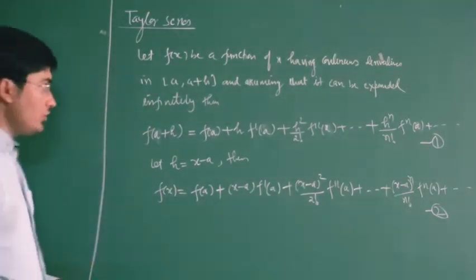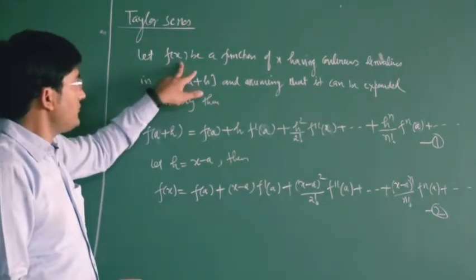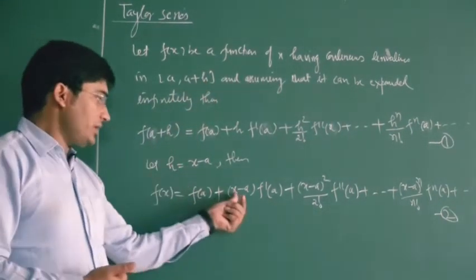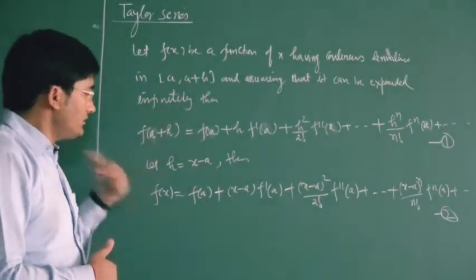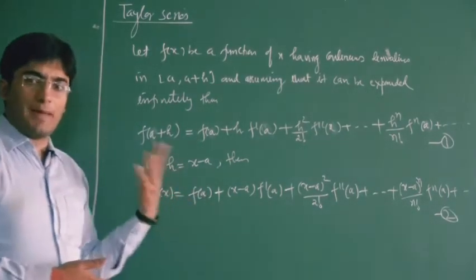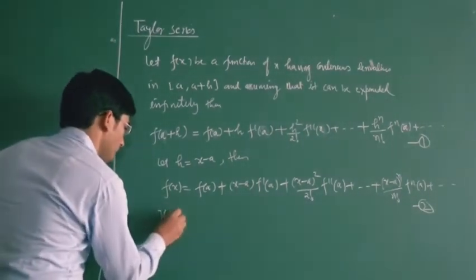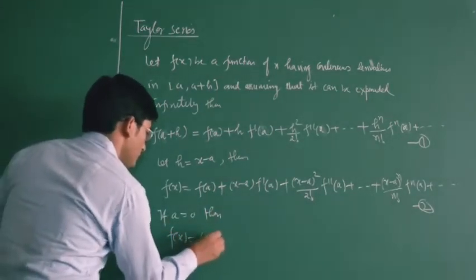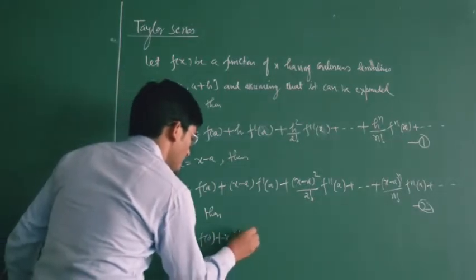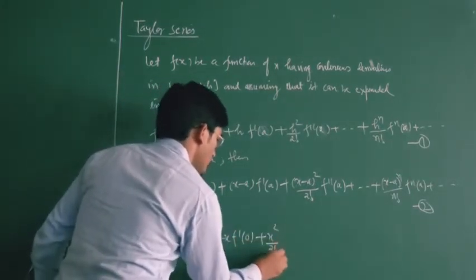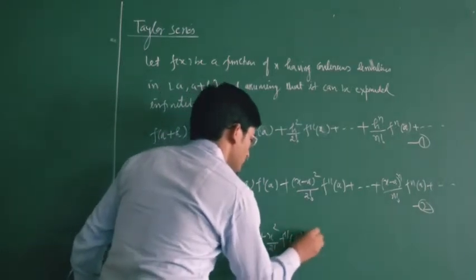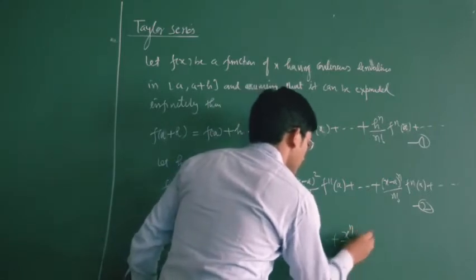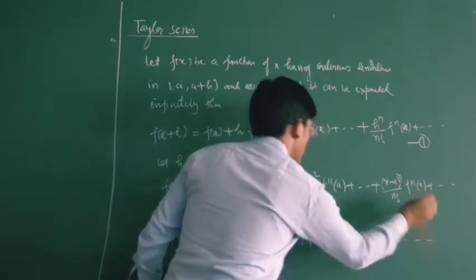So if a is 0, that means when we expand the function f(x) in the interval 0 comma h, or if we assume h as x, then this series 2 is known as Maclaurin series. So if a equal to 0, then f(x) equal to f(0) plus x f dash 0 plus x square upon factorial 2 f double dash 0 plus, and so on, plus x power n upon factorial n, the nth derivative at 0.